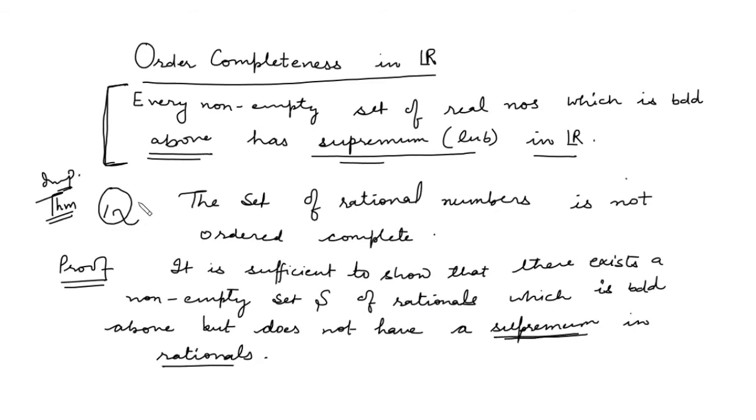So therefore the set of rational numbers is not order complete.